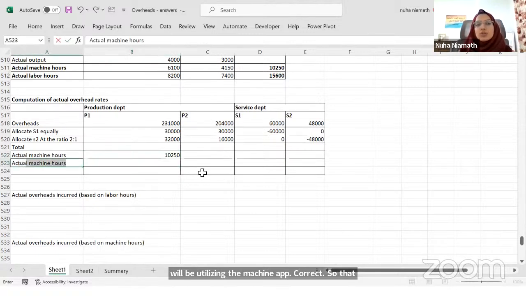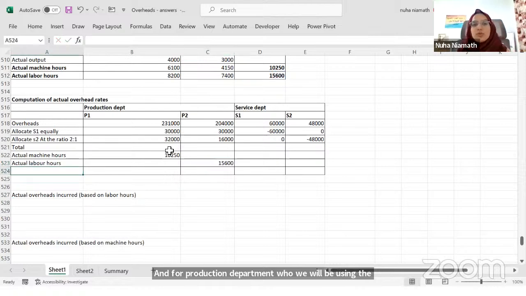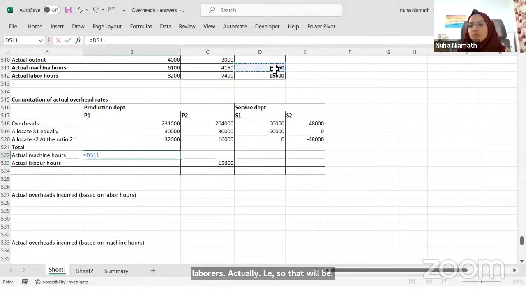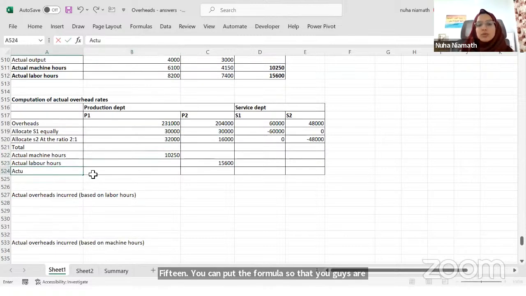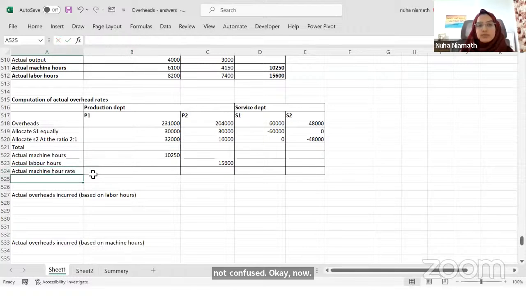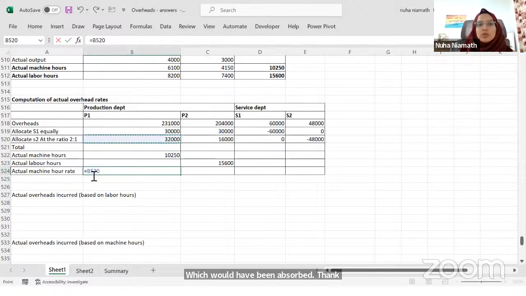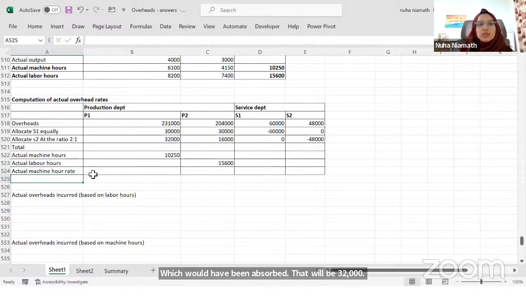And for production department 2, we will be using the actual labor hours, so that will be 15,600. Let me put the formula so that you are not confused. Now we will get the overhead absorbed based on actual machine hours. That will be 32,000. Okay, let's find the total first.